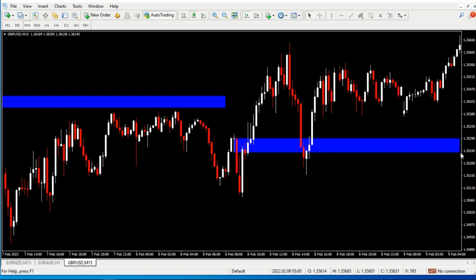Examining it carefully, you could see price violated the breaker level, went bullish, came back for a retest, but this time it traded beyond it a bit and then went bullish. So that's how it is, my people.